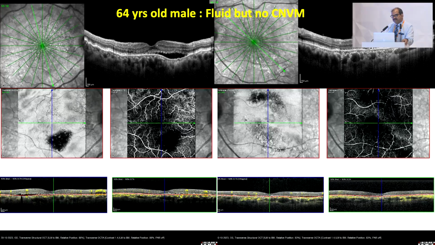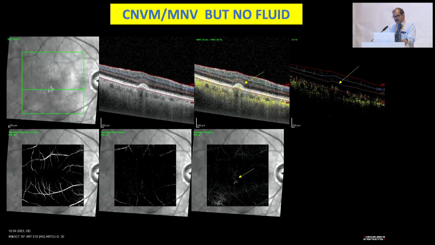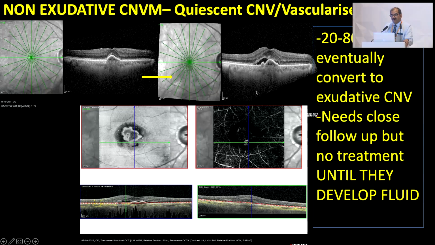So OCT angiography is also a reliable tool in confirming the absence of neovascularization in such situations. Similarly, this patient also had fluid present, but there was no neovascularization. It was actually a patient of chronic CSR, long-standing CSR. This is a patient with flow present here, and you can see this on the en face image also, but there is no fluid present. So this is a patient of non-exudative choroidal neovascular membrane, quiescent choroidal neovascular membrane.